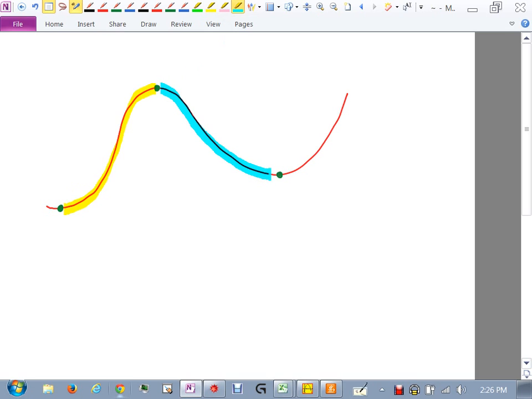I'm going to mark off, we have some local max and local mins here. If I were to split this up to where it's increasing and decreasing, I've been using the yellow and the blue. It would look like this.